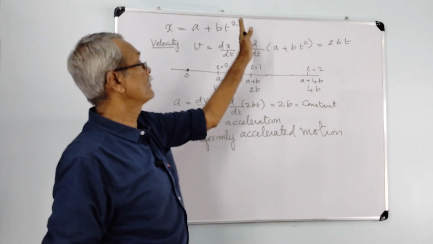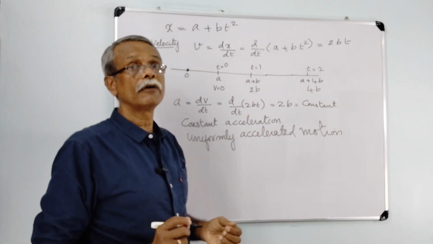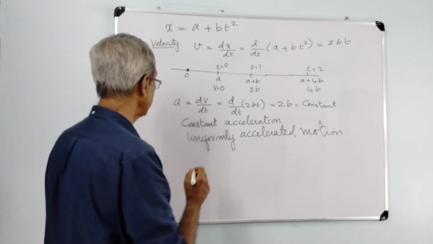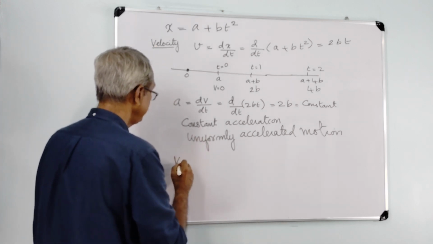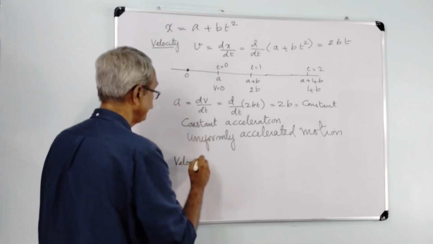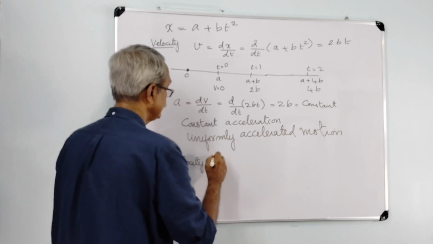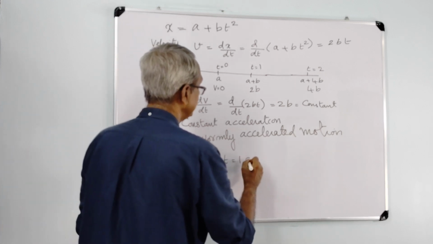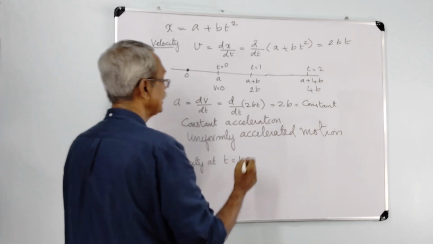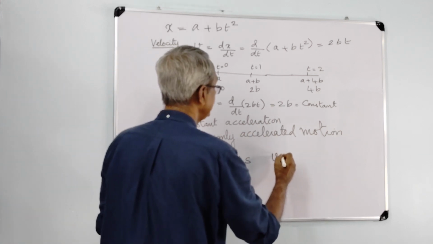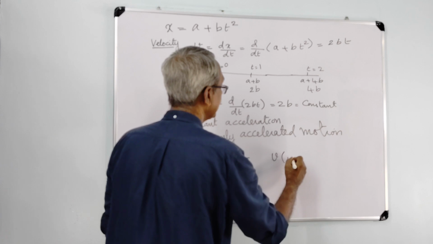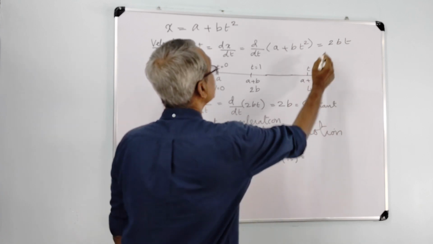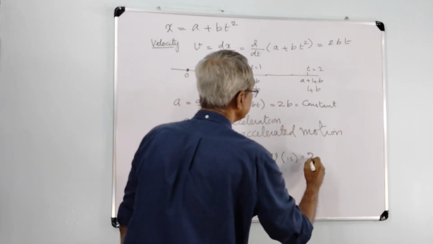That is the acceleration, velocity, etc. of this particle. If we are asked to calculate velocity at t equal to 1 second, we can simply say that velocity v at 1 second is 2bt, therefore that is equal to 2b.